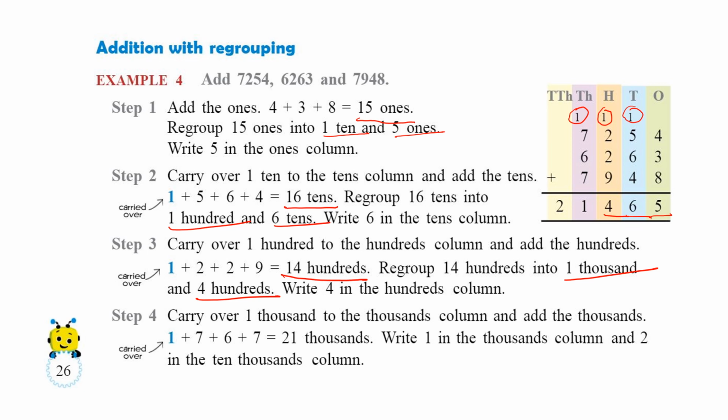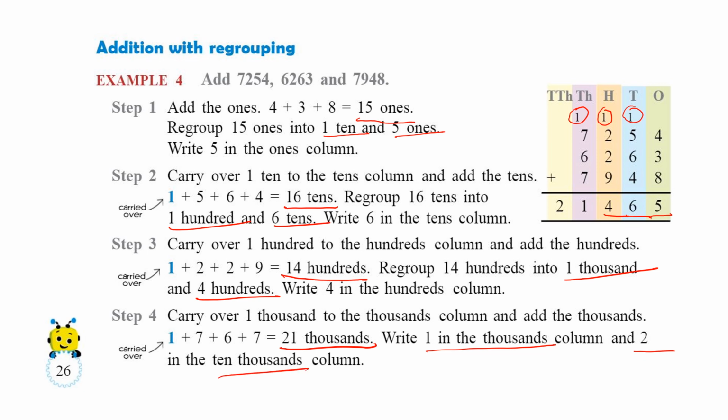Now the next step will be adding thousands place. It is 7 plus 6 plus 7 plus 1. When I add all these things, I have 21 thousands. So in that 21,000, I have 1,000 and 2 10,000s.